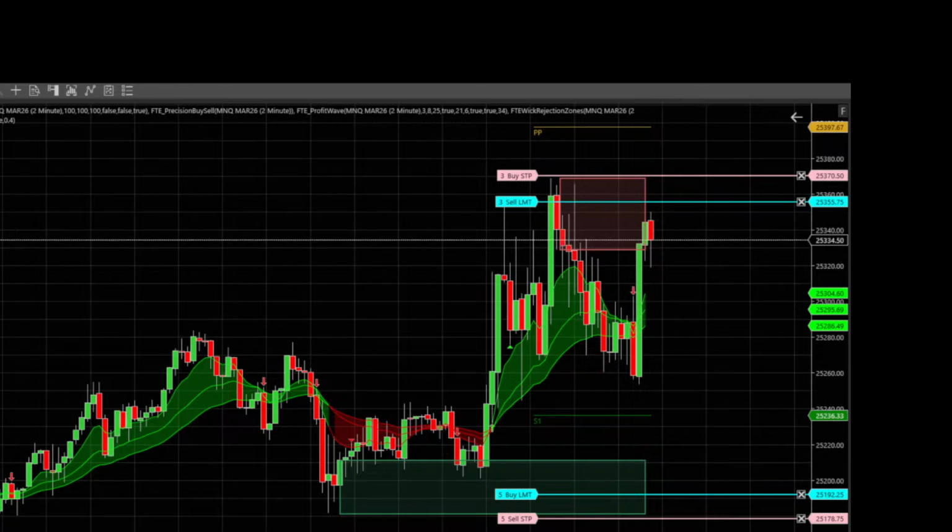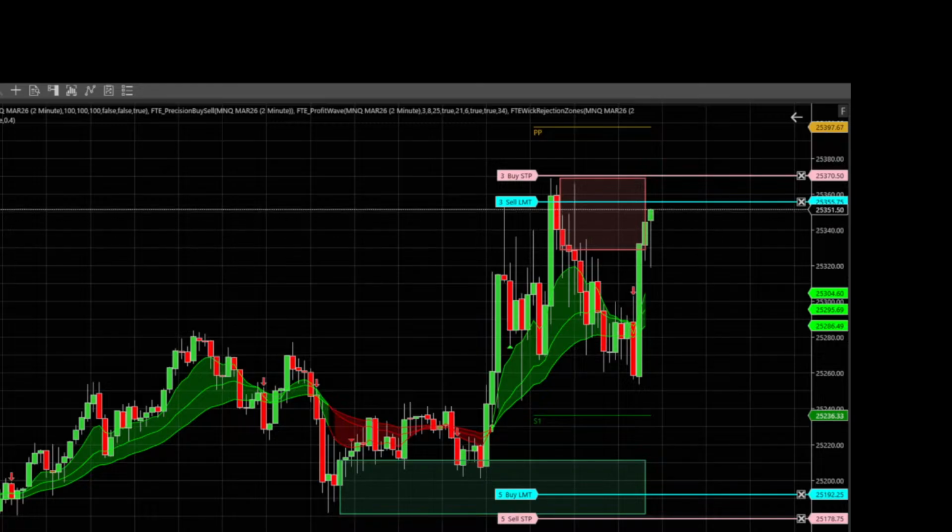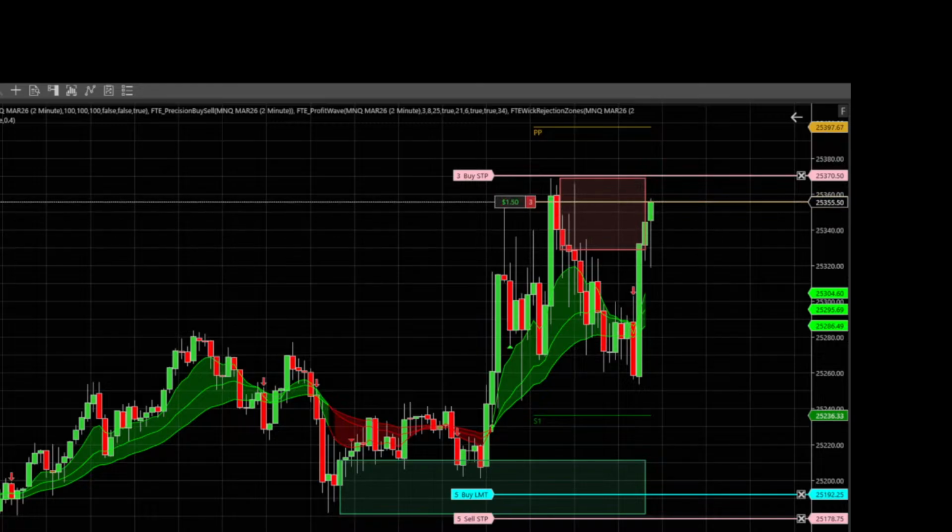Well, you see it come back to the wick rejection zone and miss me, but we're going to leave it there for a second and see what happens. Are they going to try to push this higher, or what are they going to do? Right.